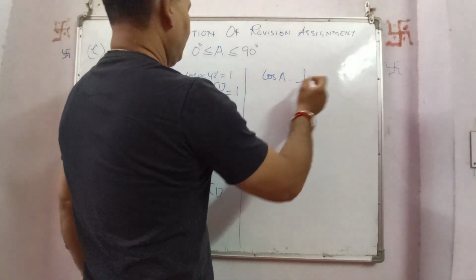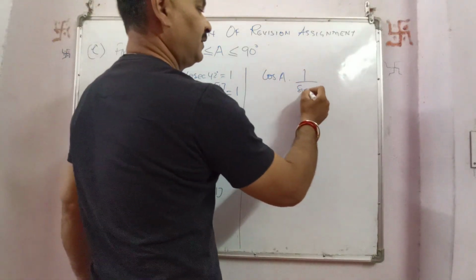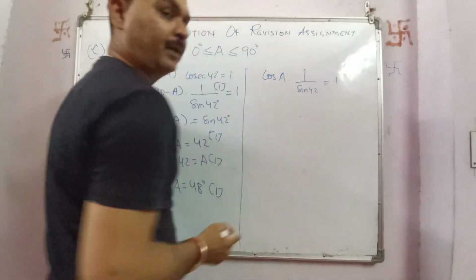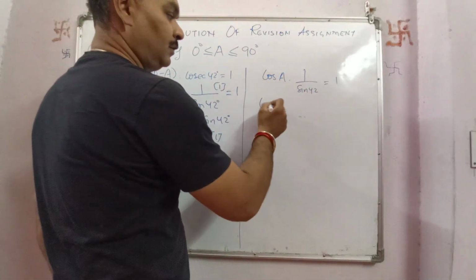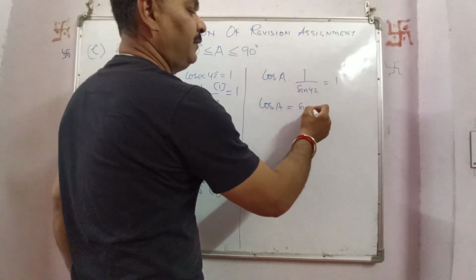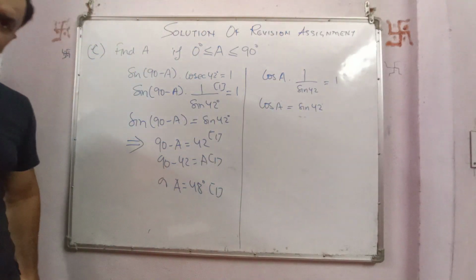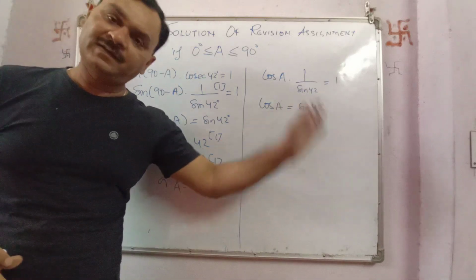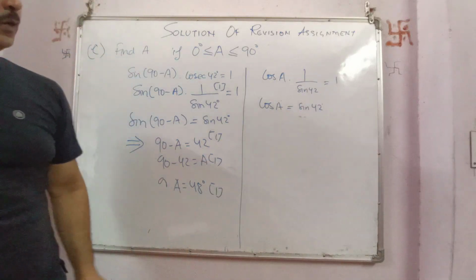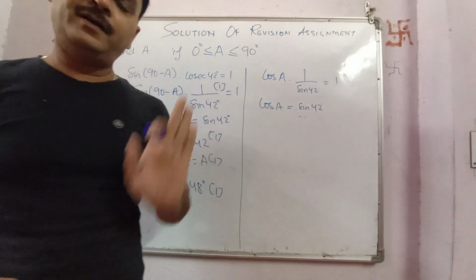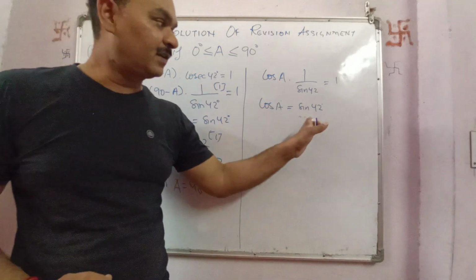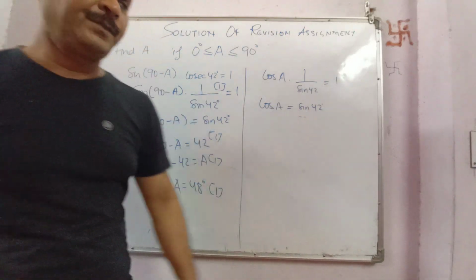Now what if you forget and you convert it into sine 90 minus A is cos A, cosec 42 is 1 upon sine 42 is equal to 1. So cos A is equal to sine 42. Now both the sides have different trigonometric ratios, so their angles cannot be compared.